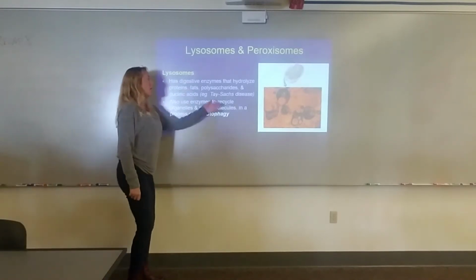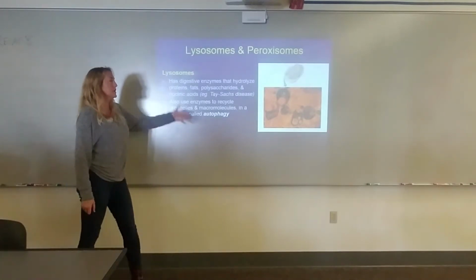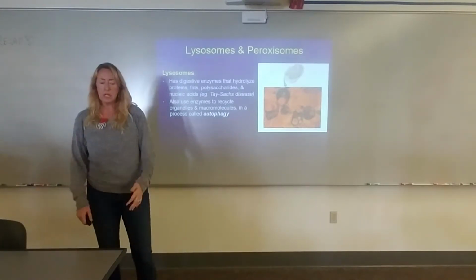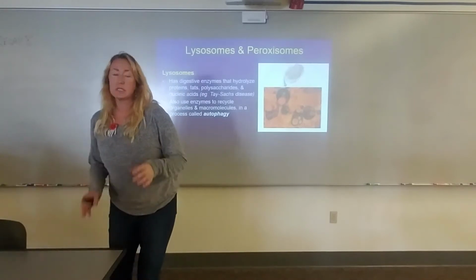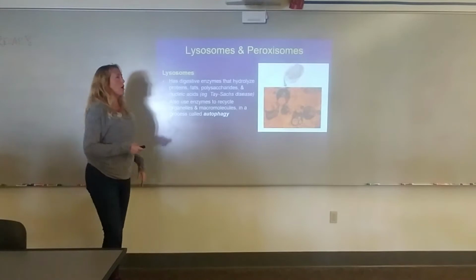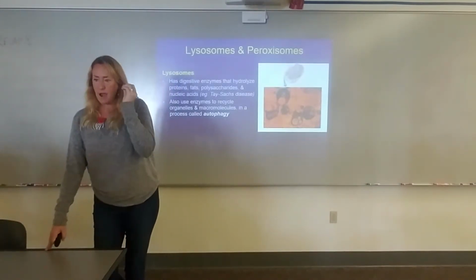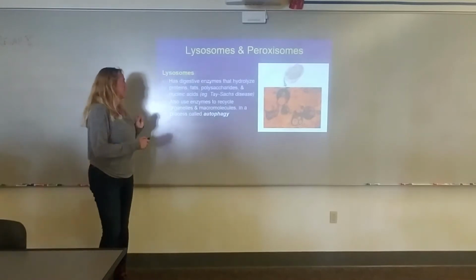Proteins, fats, polysaccharides, nucleic acids. Lysosomes have the specific enzymes, lipases, proteases, carboxypeptidases, that break down all those macromolecules, okay? Tay-Sachs disease is an example where the individuals are missing just one enzyme that breaks down fats.